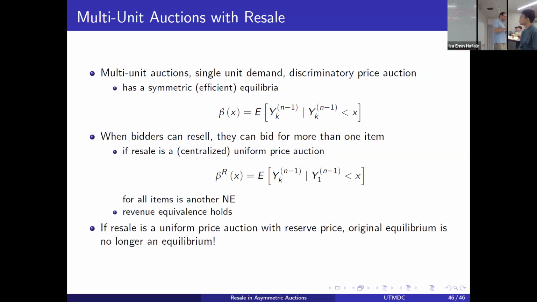Once we also assume that the distributions are uniform, we can characterize the equilibrium. But when we have 3 or more bidders, actually there exists no monotone equilibrium once they can use reserve prices by selling. So that was one little paper that we were able to publish. If you want, you can read more in the paper.